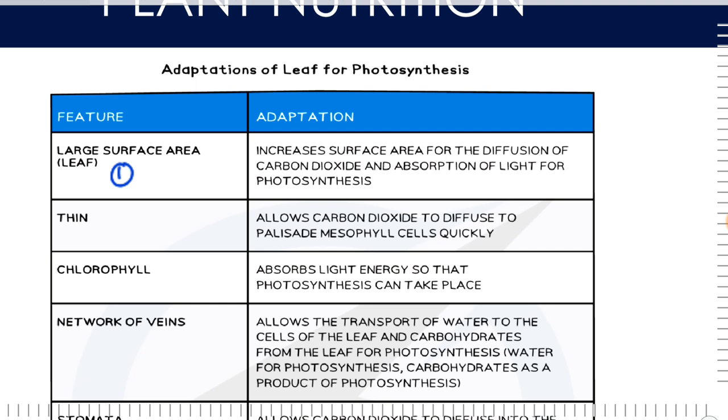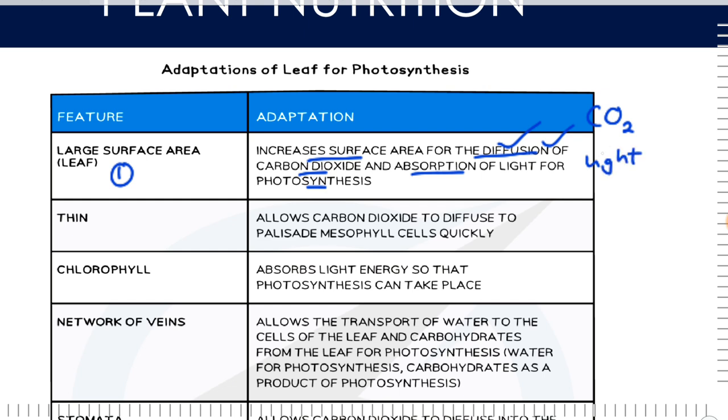We are saying that it increases the surface area for diffusion of carbon dioxide and absorption of light for photosynthesis. So the surface area is for two things. That's for diffusion of the gas, which is CO2, and the other thing is the absorption of light.